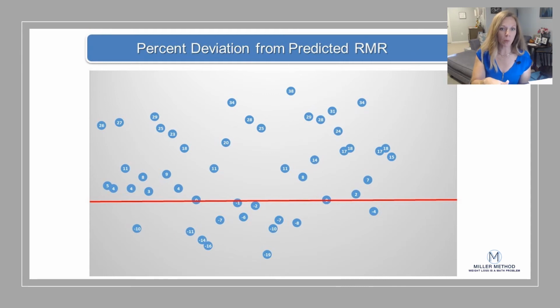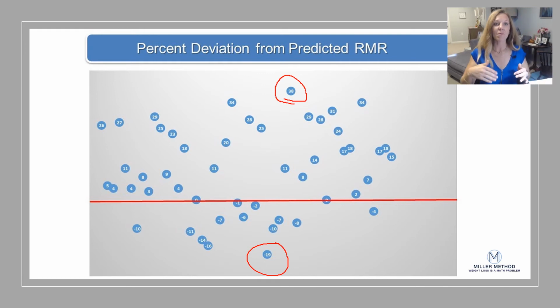The lowest one that we have was 19% below the RMR, and that is right here. That's 19% slower than the metabolism was expected to be. And the highest one we have on this chart is 38% faster than the predicted value. So as you can see, this graph really shows how scattered actual metabolisms can be.